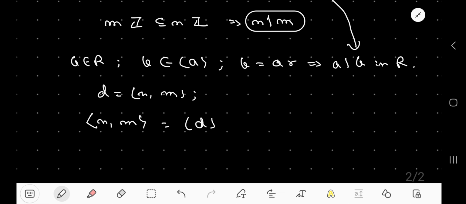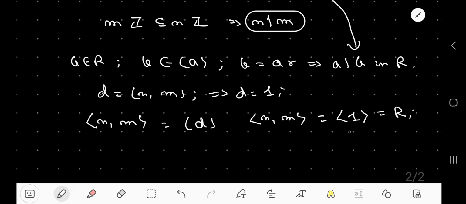Moreover, if we talk about co-prime integers, suppose d is 1, then the ideal generated by n and m is simply the ideal generated by 1. But if you carefully observe, the ideal generated by the multiplicative identity is the whole ring, because it will contain elements of the form r times 1, where r comes from R. So R should be contained in the ideal generated by 1.